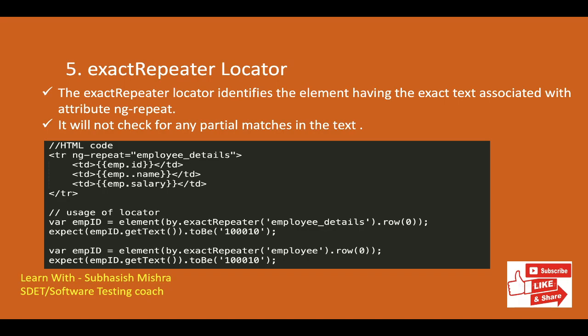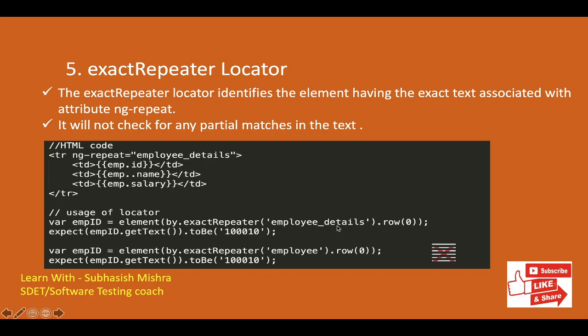If you see a ng-repeat attribute, we can use the element function. Then by.exactRepeater, you have to write exactRepeater. There you were using only repeater, here you are passing exactRepeater and you have to give the exact attribute name employee_details.